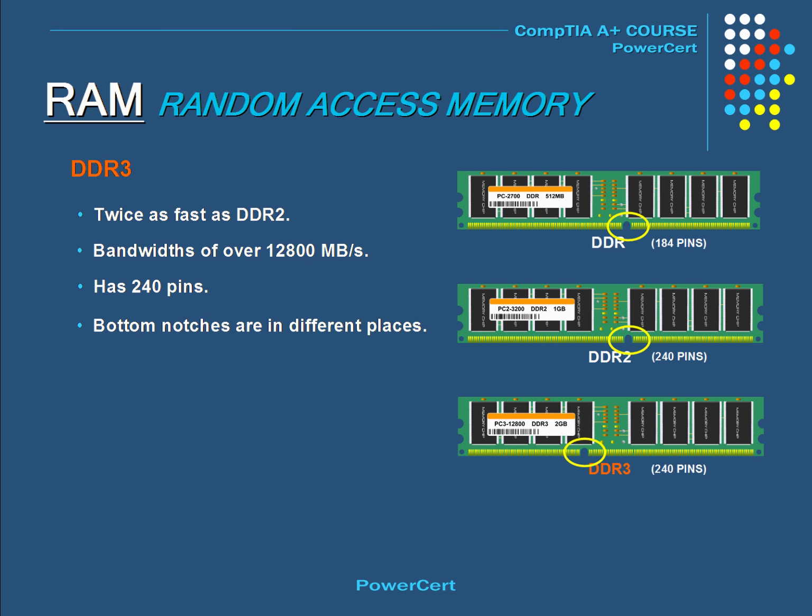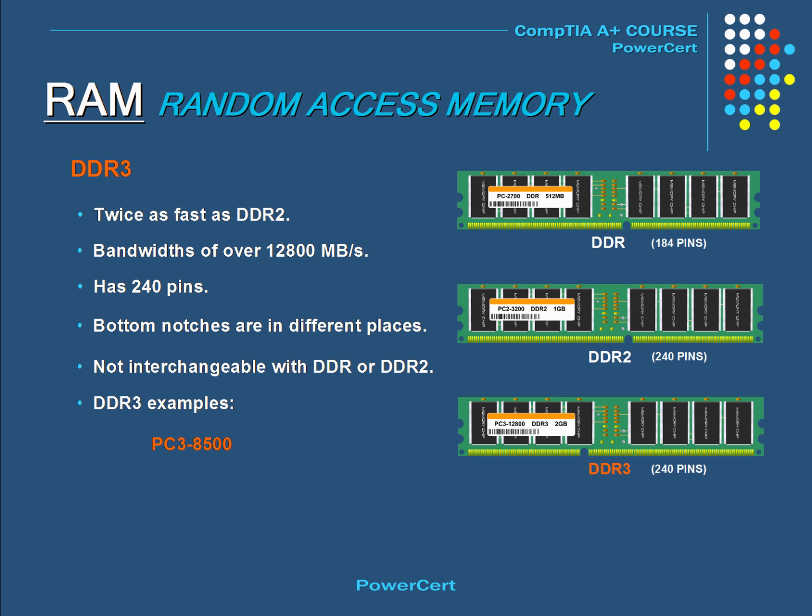So you can't put a DDR3 DIMM in a RAM slot made for DDR2. In fact, motherboards are made to support a certain type of memory, so you can't mix DDR1, 2, or 3 on the same motherboard. Some examples of DDR3 are PC3-8500 and PC3-12800.